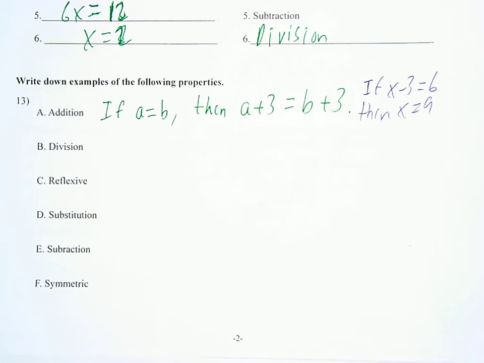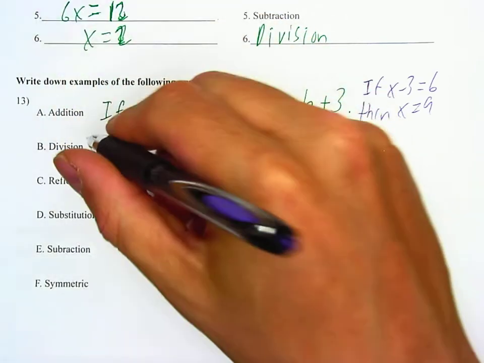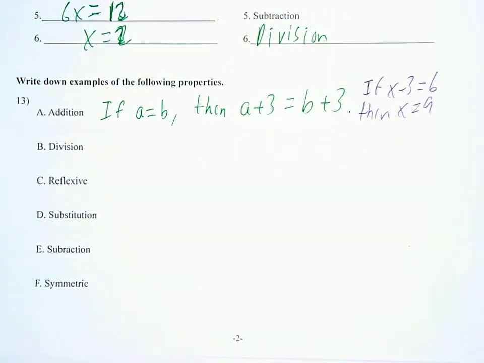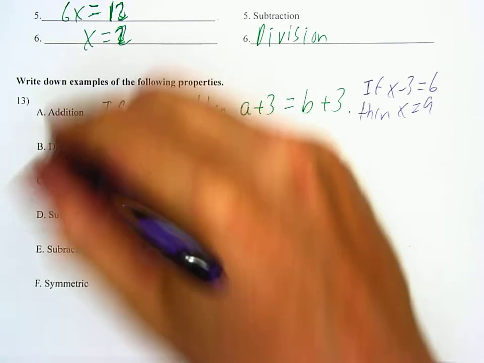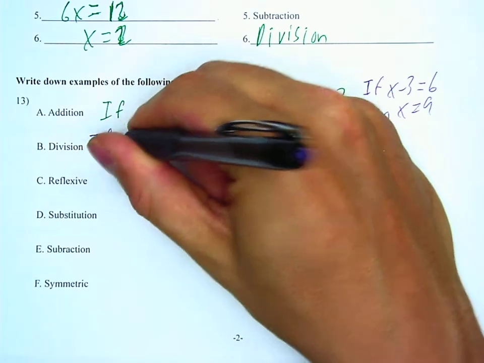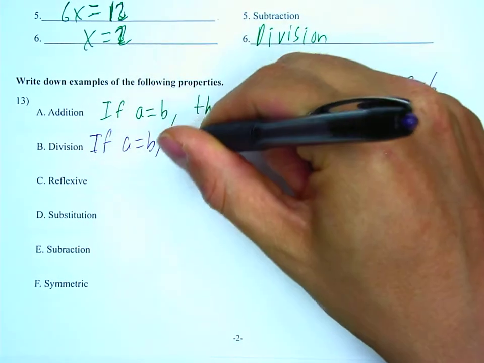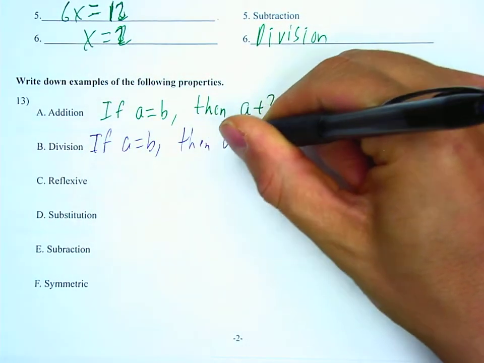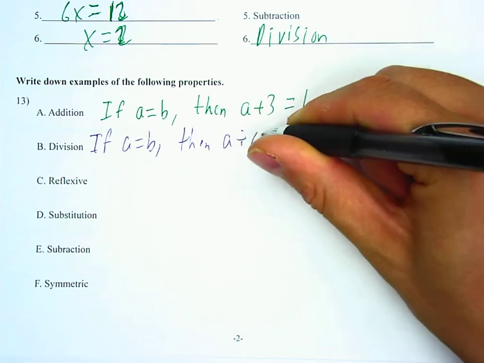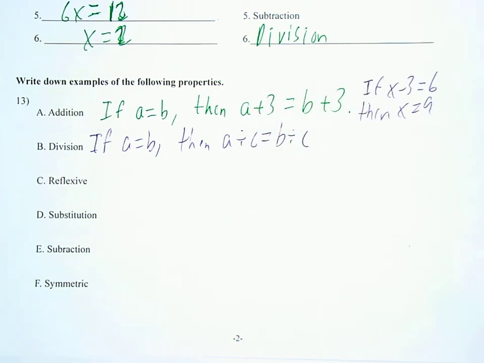All right, the division property. So again, the division property says if A is equal to B, then A divided by C is equal to B divided by C. So that's what it says. If A is B, comma, then A divided by C equals B divided by C. Now, again, I'm not going to have exactly that on the test.